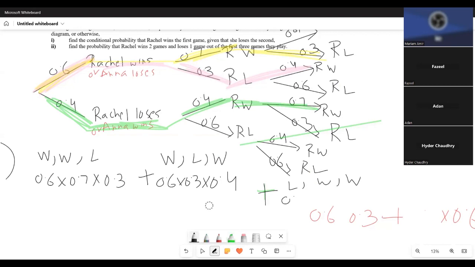So 0.4 into 0.4 into 0.7. अब इन सब का सम करना. This comes out to be 0.3.